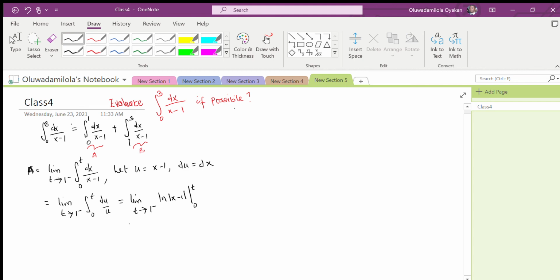So I can then substitute the limit points. That's going to be the limit as t goes to 1 minus of ln of t minus 1, minus ln of 0 minus 1, and ln 1 is 0.